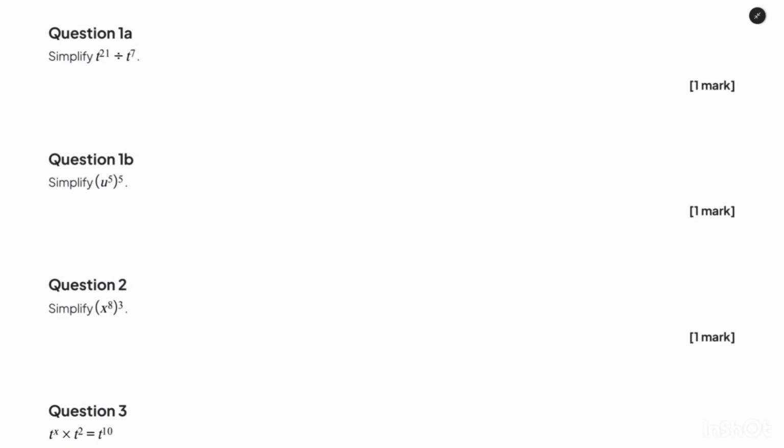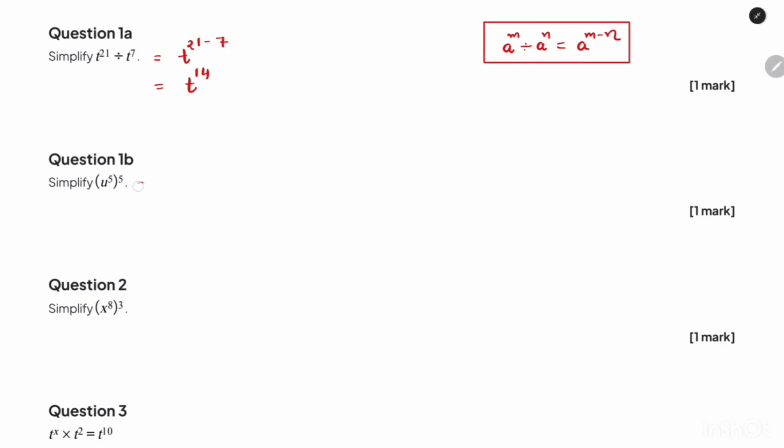Here we are solving this first question, and for that I'm using the identity that if two bases are the same in the division, then you subtract the powers. So that will be 21 minus 7, so t to the power 14 is the answer.